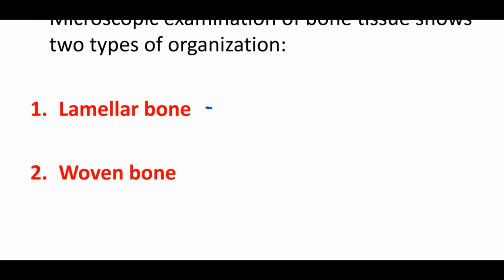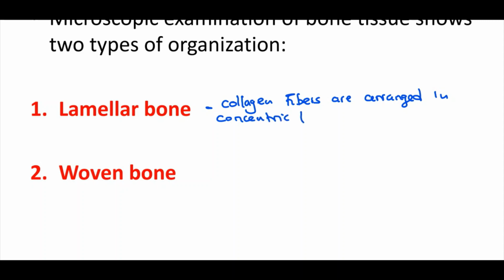In lamellar bone, the collagen fibers are arranged in concentric rings called lamellae. They are arranged in systems that are called Haversian systems.